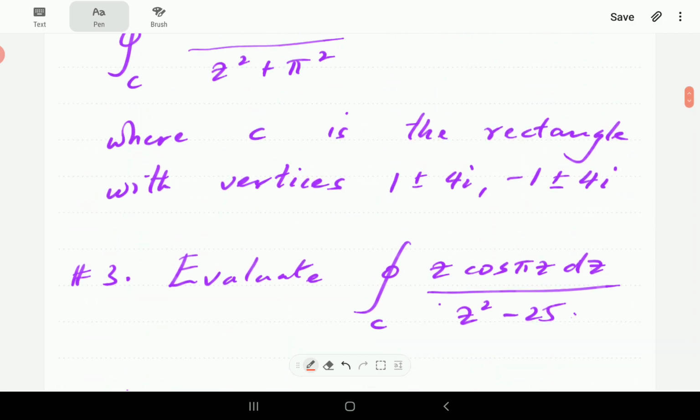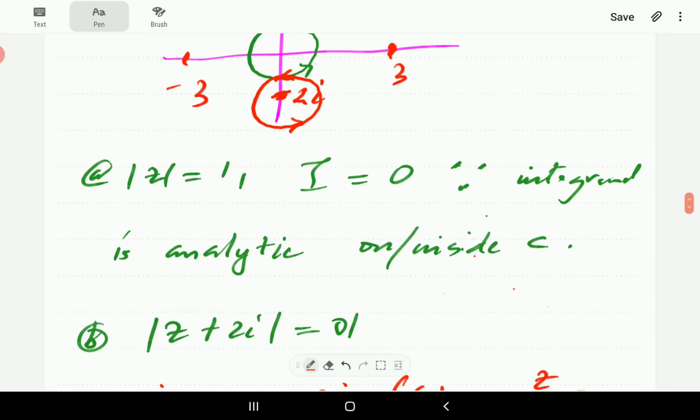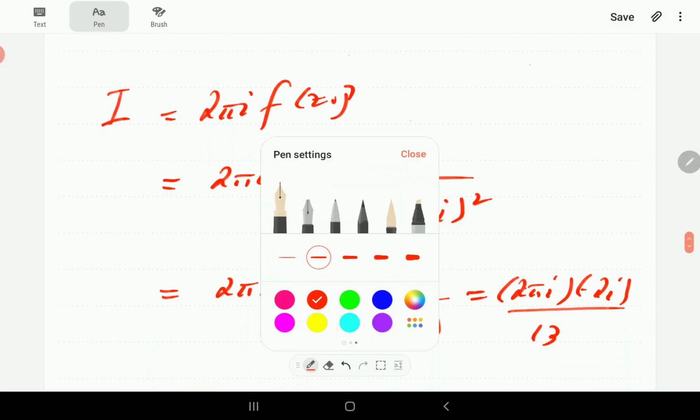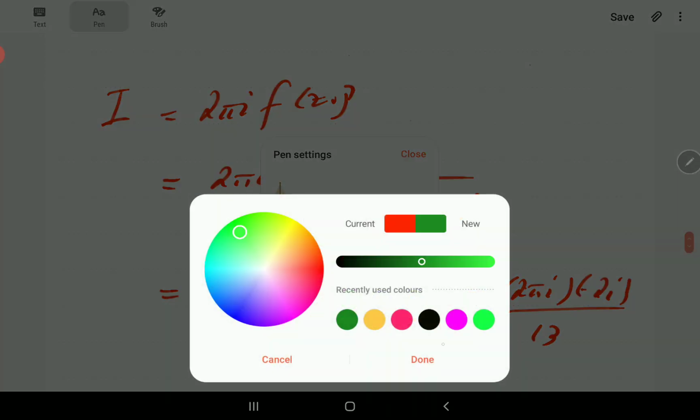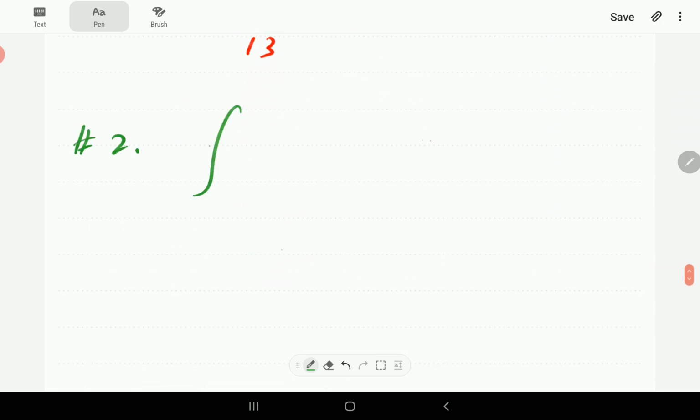We're now going to go to number 2. In number 2, we have the integral of e to the z over 4 dz all divided by z squared plus pi squared.